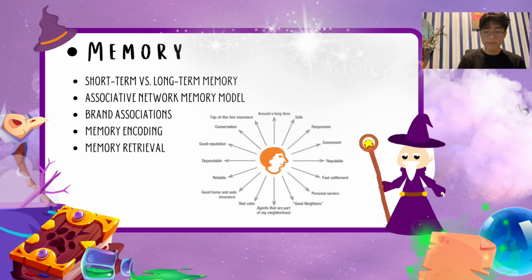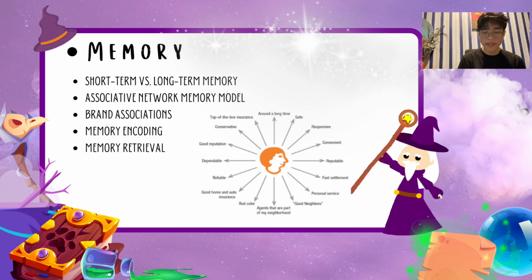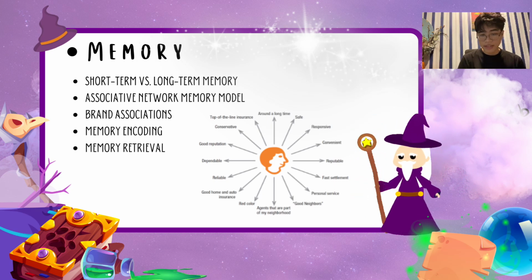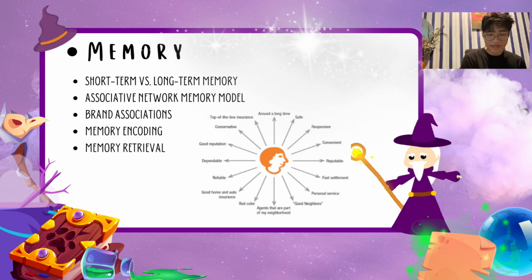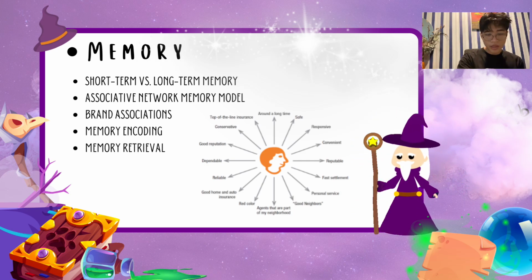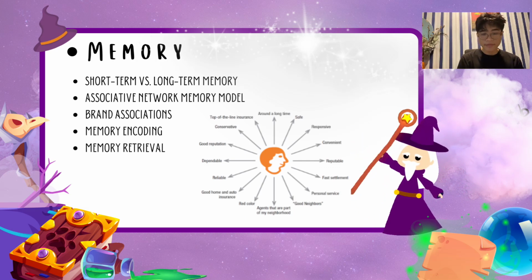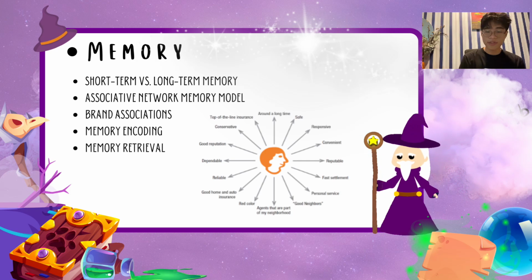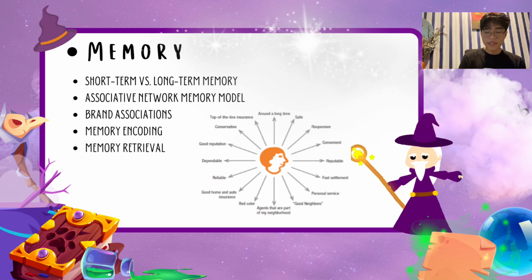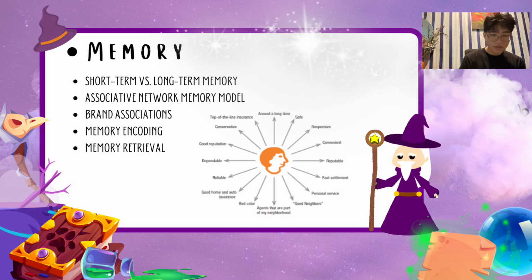This is why branding elements such as logos, colors, and slogans are so important. They reinforce memory encoding and make retrieval easier when a purchasing decision arises. By understanding how memory works, brands can position themselves effectively in the consumer's mind, ensuring they remain top of mind when it matters most.